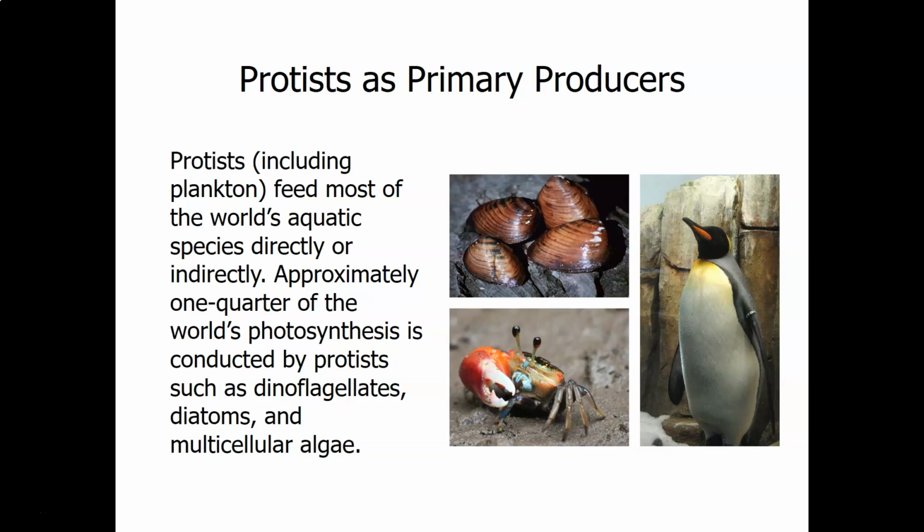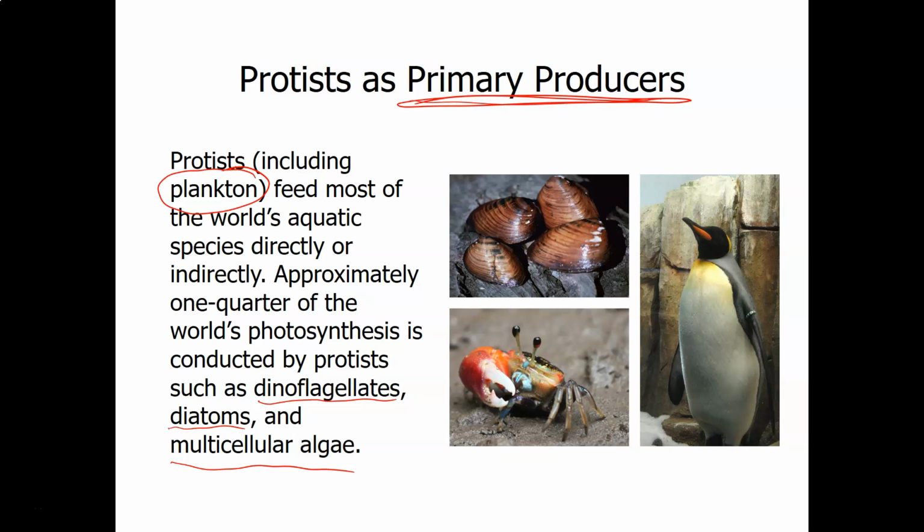So some of the roles that Protista have in the world, we've talked about many examples of protozoans that are part of the plankton in fresh water and in the ocean. The protists that are known as primary producers, that means they're going to carry out photosynthesis, are the dinoflagellates, the diatoms, and the multicellular algae.